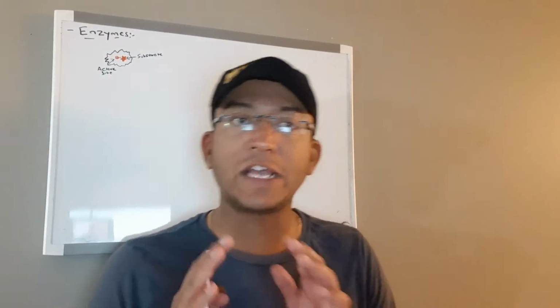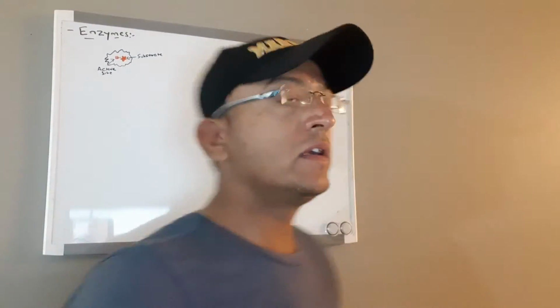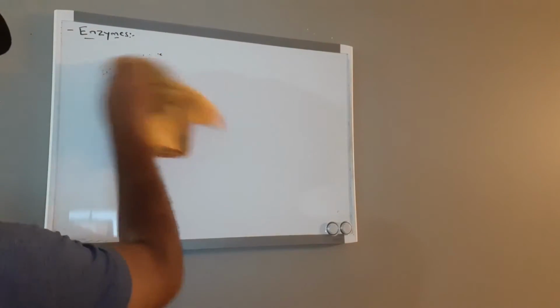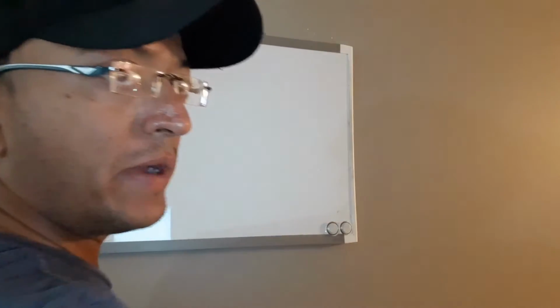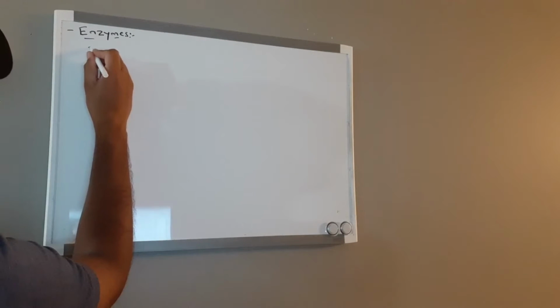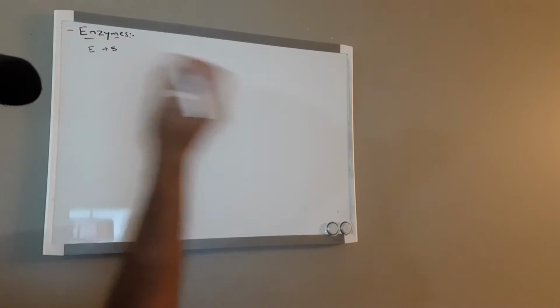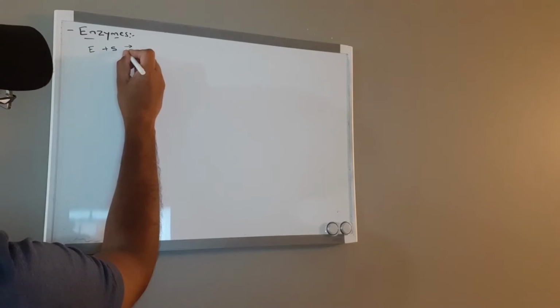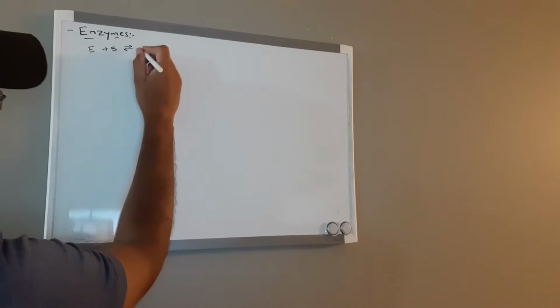Alright, a simple enzymatic reaction might be written as, so I will just remove this. A simple enzymatic reaction is like this, for example, E plus S, that is both sides, correct?